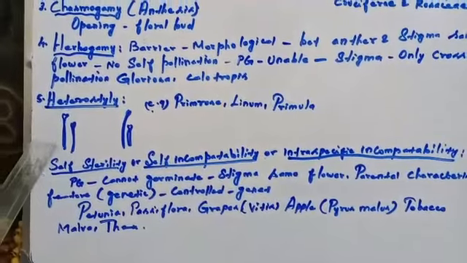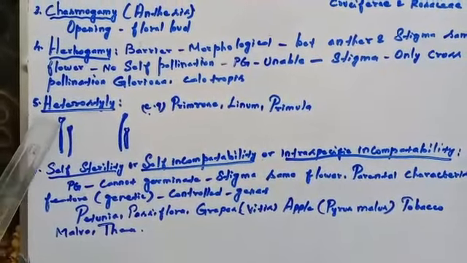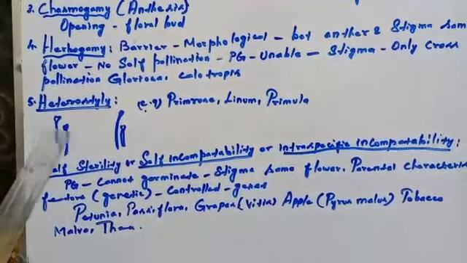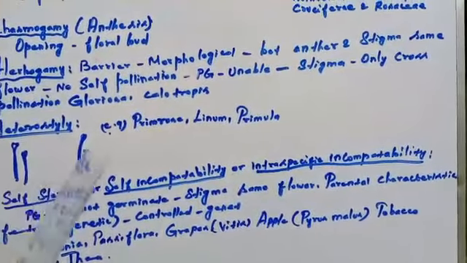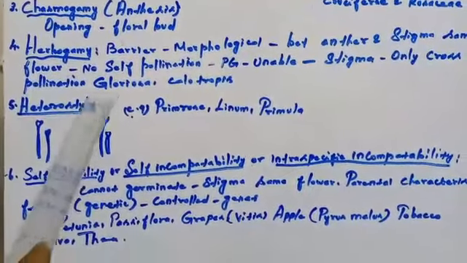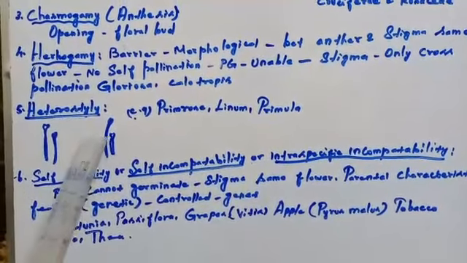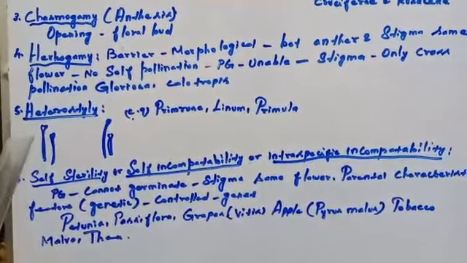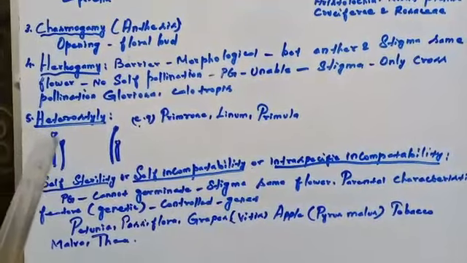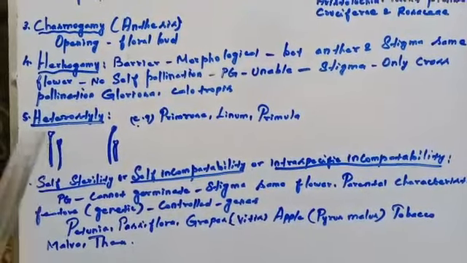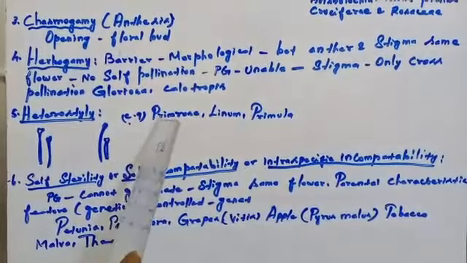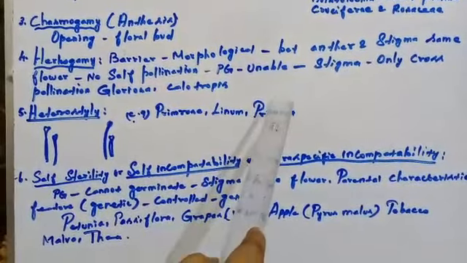For example, some plants have long style and short stamen, and some plants have long stamen and short style. So what happens? The pollen grain cannot reach the stigma of the flower. Examples for this are primrose, Linum and Primula.